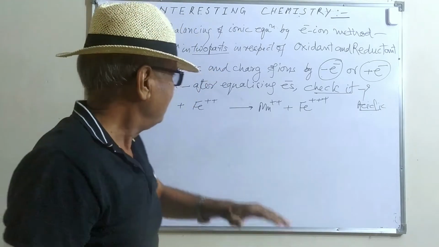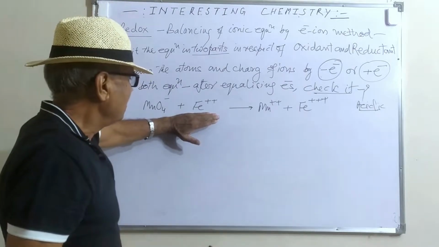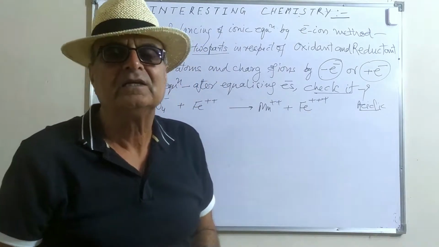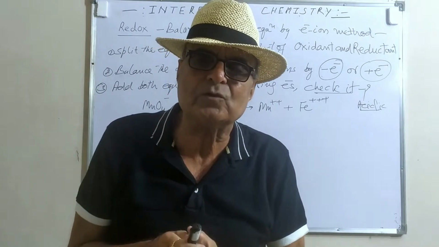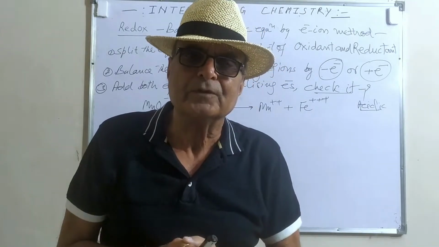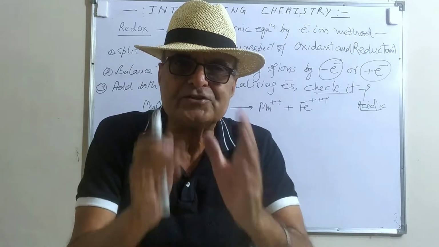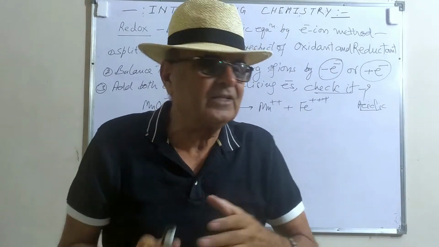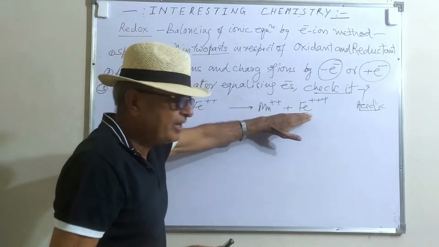Here you see that ferrous is oxidized into ferric. What is the reason behind it? Who has oxidized the ferrous into ferric?